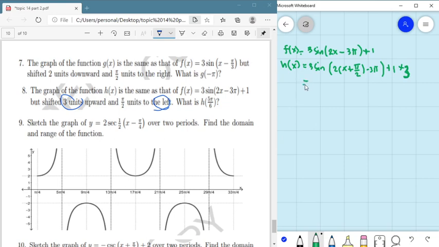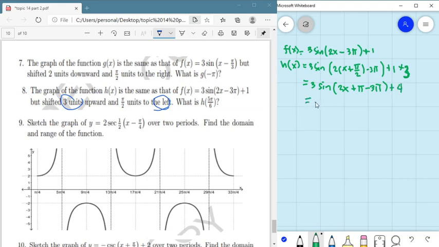Okay, so simplifying, we have 3 sine of, we have to distribute 2 times x is 2x, then 2 times pi over 2 plus pi minus 3 pi plus 4.